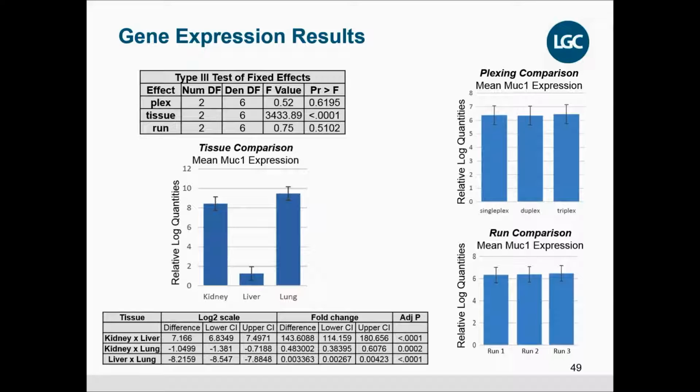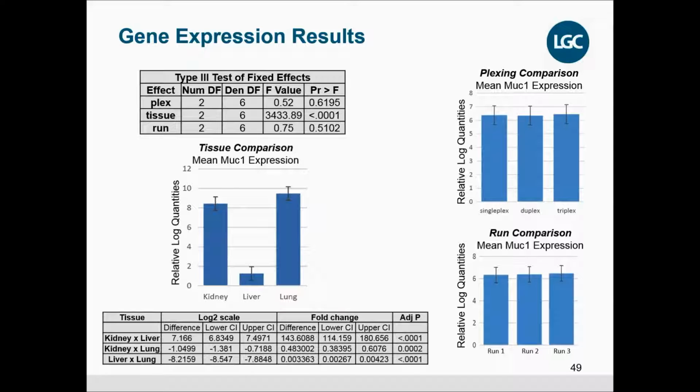So looking at our gene expression results, our 3 goals were to compare between tissues, compare a singleplex format versus a multiplex format, and also run-to-run comparisons. We used an ANOVA-based approach with a type 3 test of fixed effects, with our effects being the plex, the tissue, and the run.